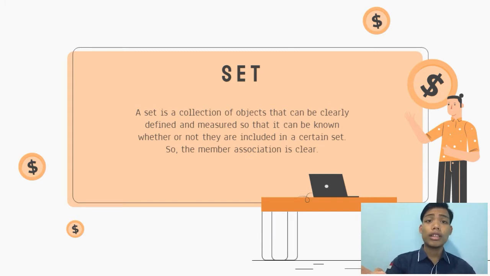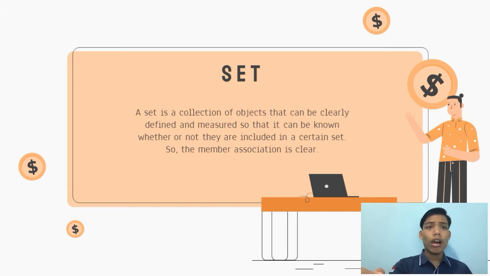So the membership is clear, but there is also what is called a not set. If it is a not set, it means that its members cannot be clearly determined and cannot be measured.